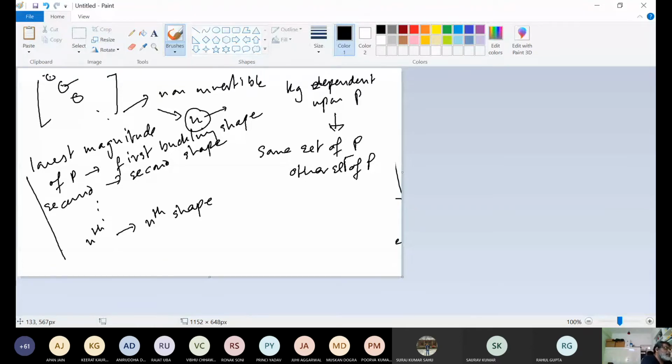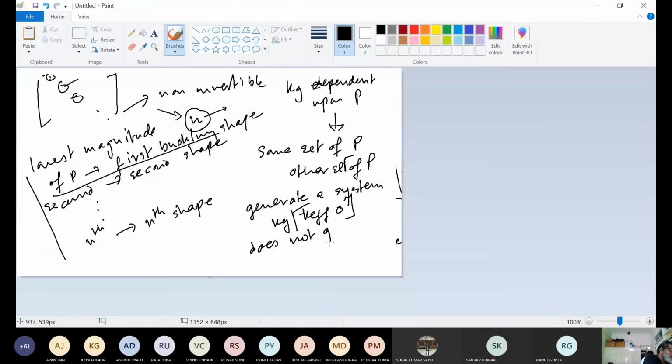Now, whenever any of these sets of forces generate a system Kg which makes the K effective 0, but does not generate a local buckling, this is called, how does one put it?